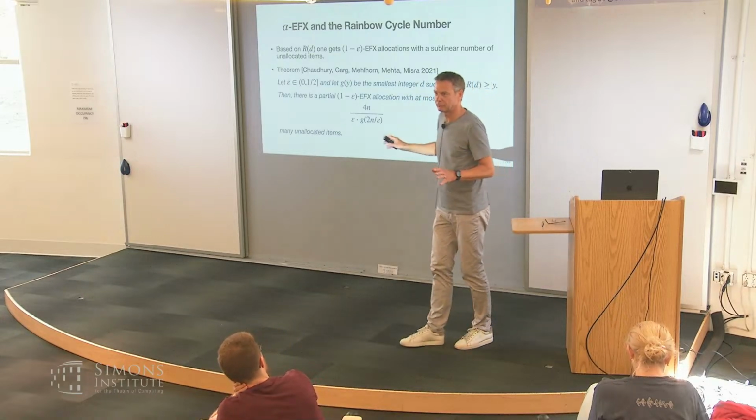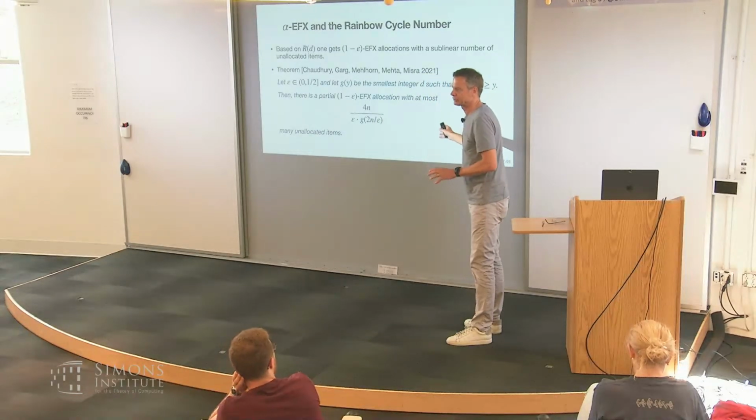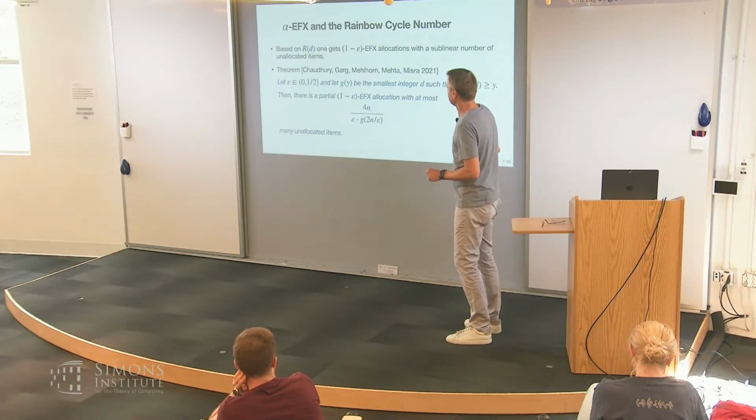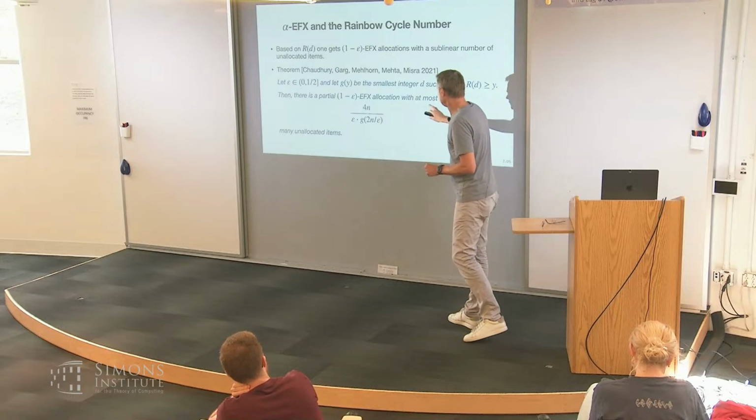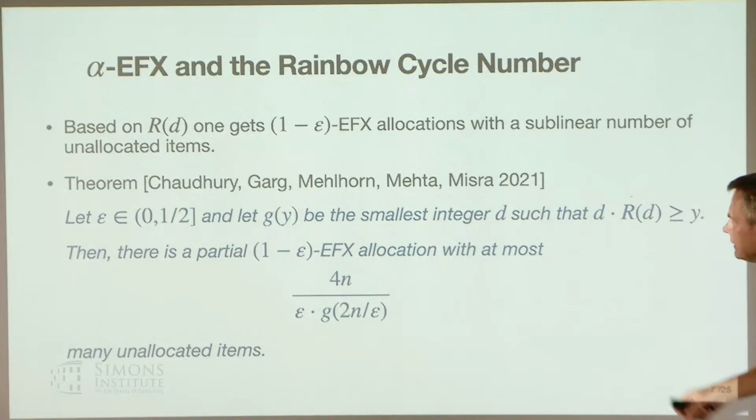Here, just to not lose the chain of thought, this is now the connection with the alpha EFX. So maybe the technical statement of the theorem is difficult to parse, but it basically says that based on the rainbow cycle number, one gets 1 minus epsilon EFX allocations with a sublinear number of unallocated items.